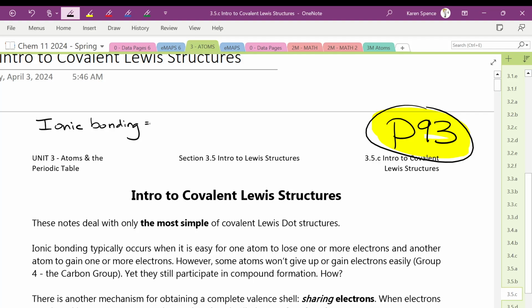What kind of elements do you have in ionic bonding? Metal. And metals are electron givers. Yes?